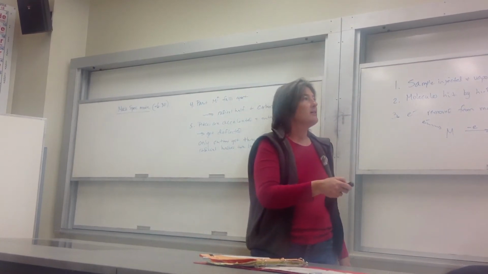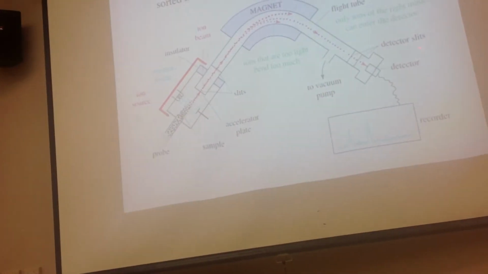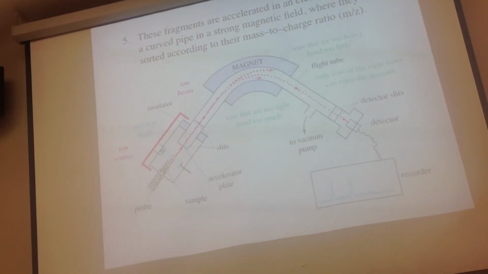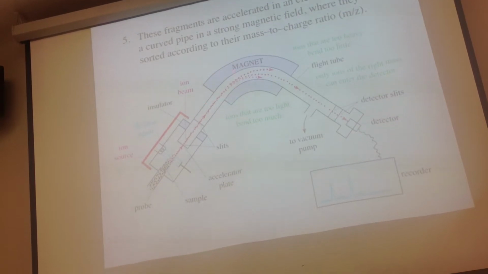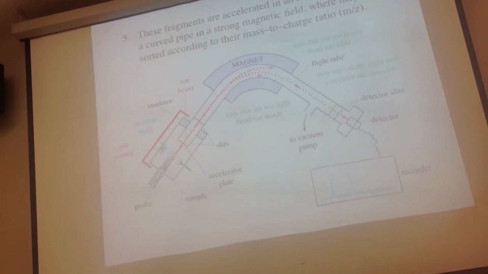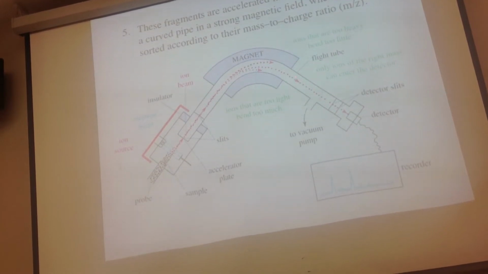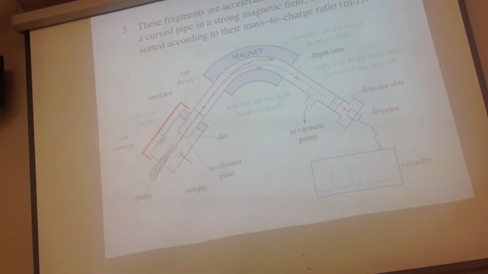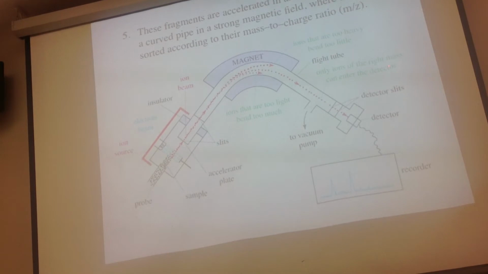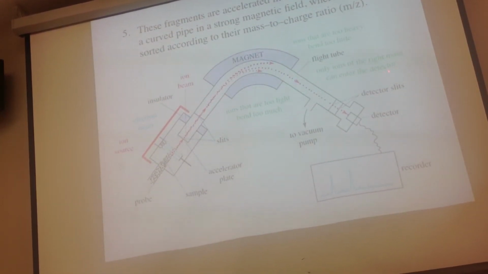To get through it, the pieces have to bend, and their trajectory has to be bent. Things that are too light don't have the correct trajectory to get through. If they're too light, the trajectory is bent too much, and they hit the wall, and they don't get through. And so we don't see them.